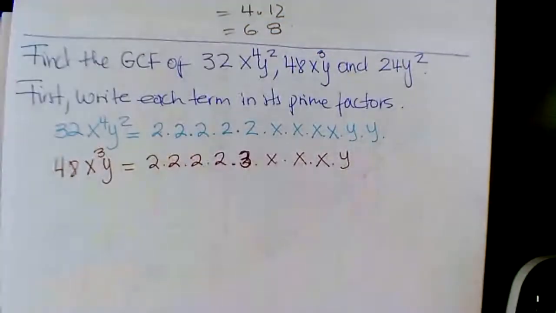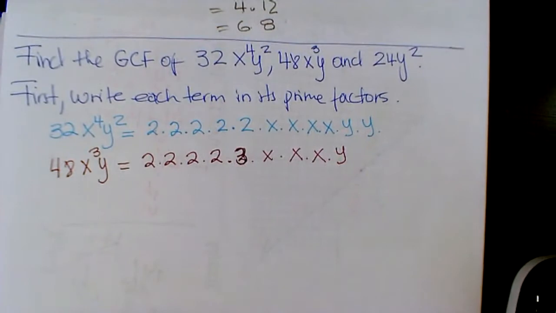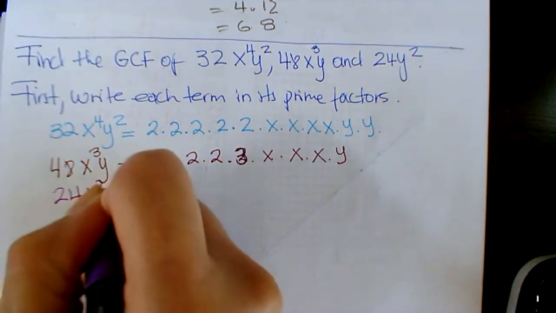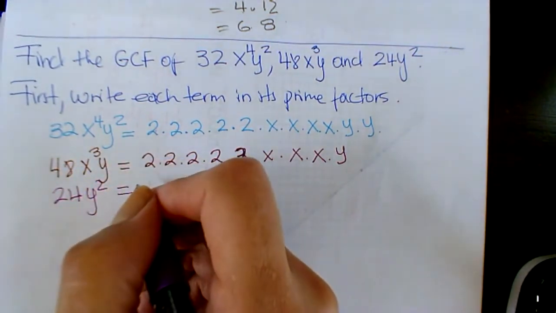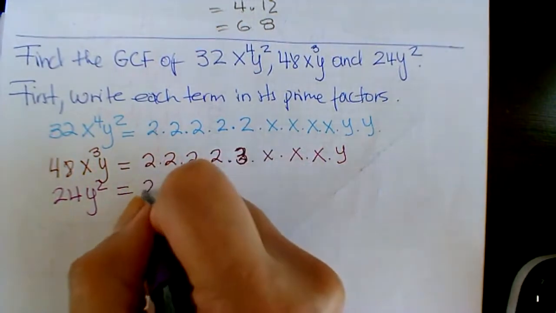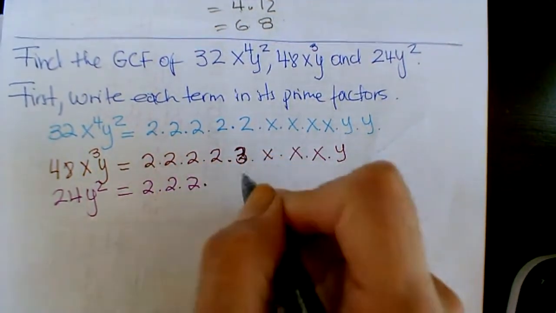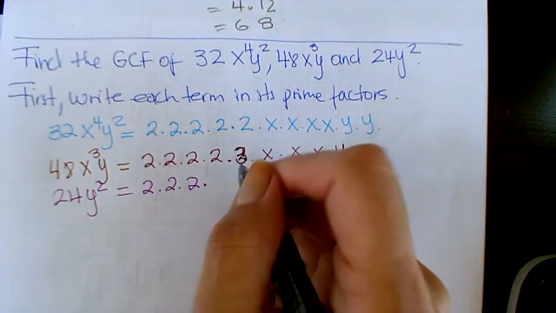So now, let's go back and finish this. And we had one more, which is 24. And we know that 24 was what? 1, 2, 3 times what? Times 3, right?